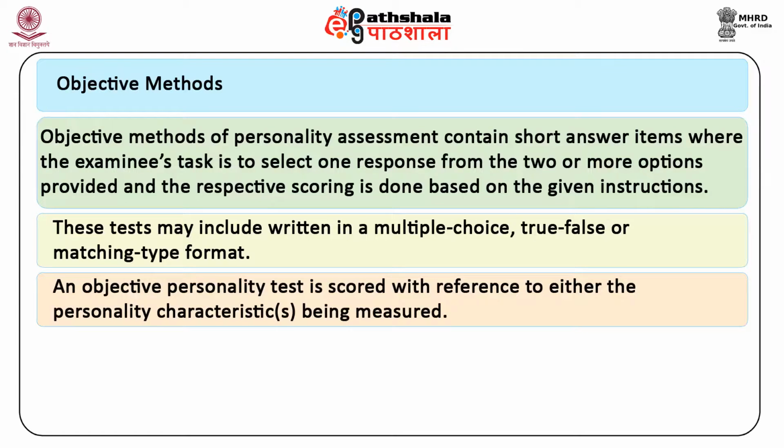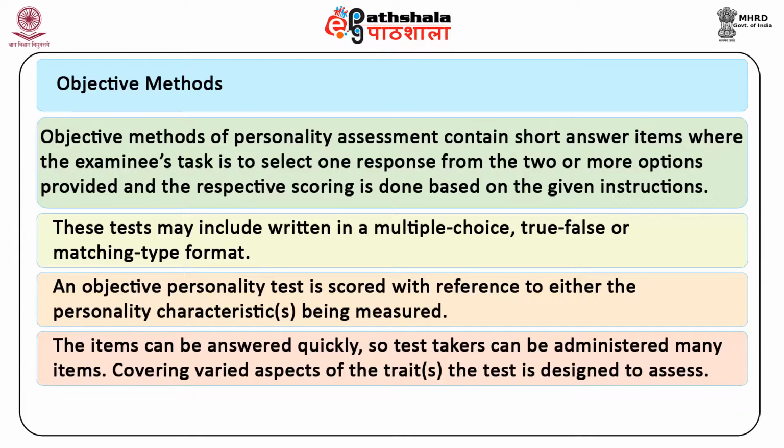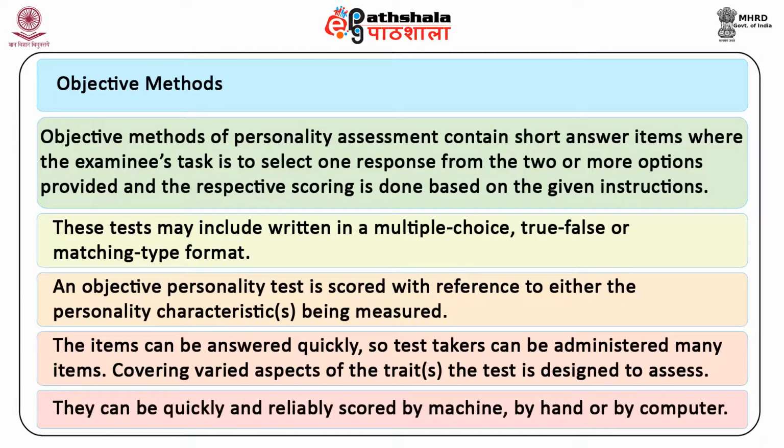An objective personality test is scored with reference to the personality characteristic being measured. The items can be answered quickly, so test takers can be administered many items, covering varied aspects of the traits the test is designed to assess. They can be quickly and reliably scored by machine, by hand, or by computer.